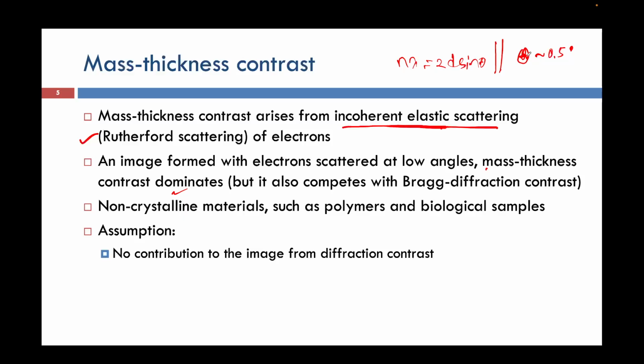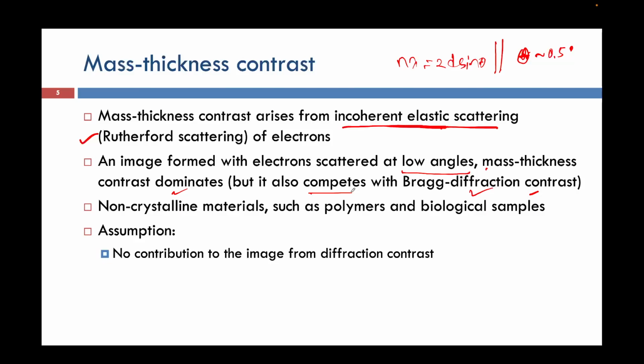Since the theta value is very small, when we are talking about electrons scattered at low angles, the Bragg diffraction will also happen. That means when we are talking about the mass thickness contrast, at that time we will also be able to see the diffraction contrast. So the mass thickness contrast competes with the diffraction contrast.